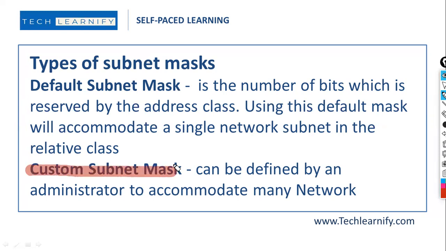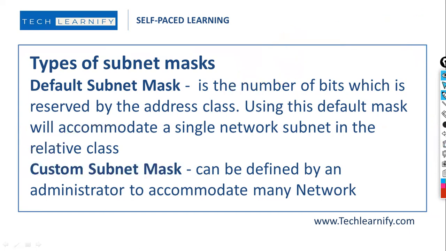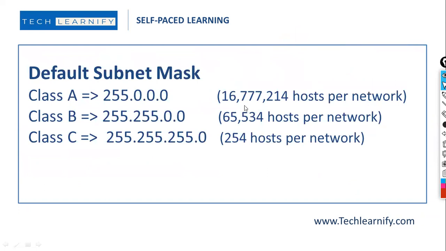Custom is something where we don't want to go with this default class rule, right? Let's say I want to assign a mask like 255.255.0.0 and the IP address is from class C. Yes, that is possible, but it is not known as a default mask, it is a custom subnet mask, because we have broken the rule.